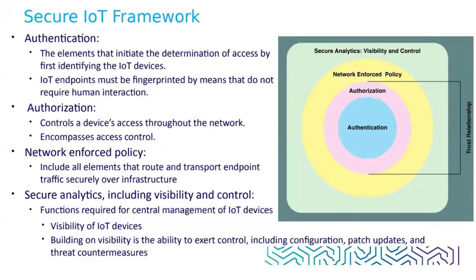So authentication is going to identify the IoT devices through the automatic fingerprinting before granting the access. The authorization is going to control the resources and services that authenticated devices may access. The network enforced policies securely route and transport the IoT traffic while enforcing the security rules across the infrastructure.